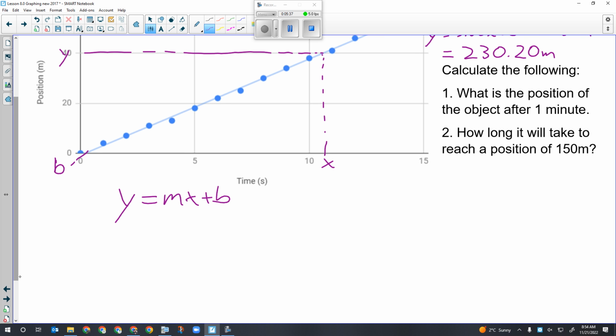What do I move first to get x by itself? Take b. If I want to move b, I want to do the opposite. What's the opposite of add? Subtract. So I'm going to go y minus b equals m times x. I want x by itself. I'm multiplying it by m. How do I move m? Divide, do the opposite.